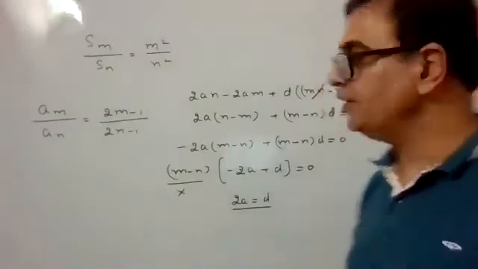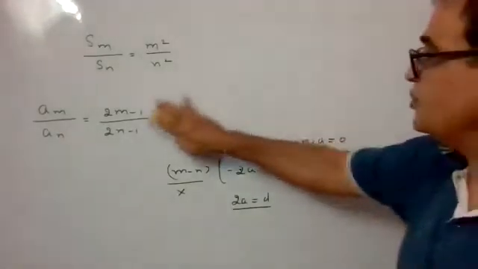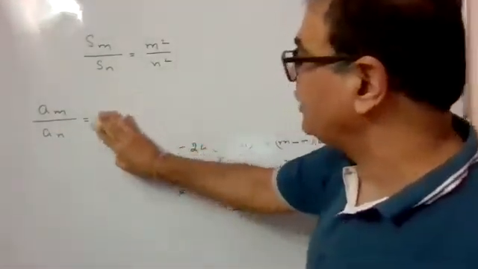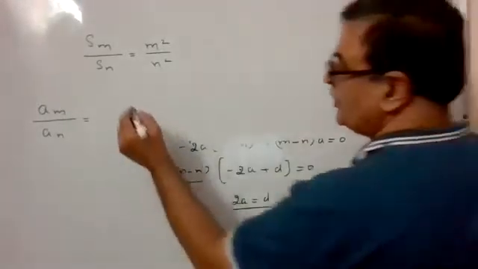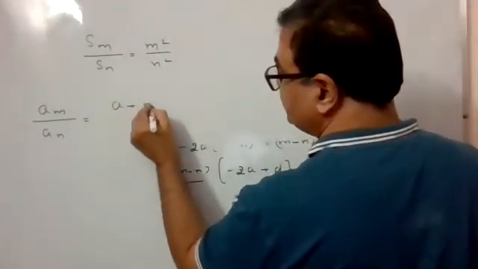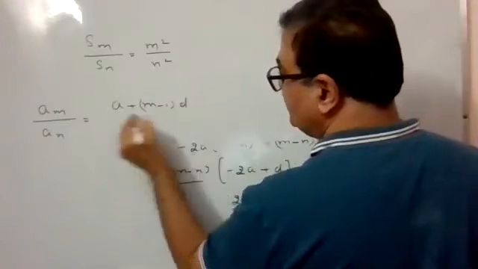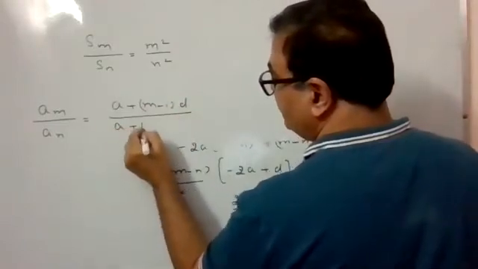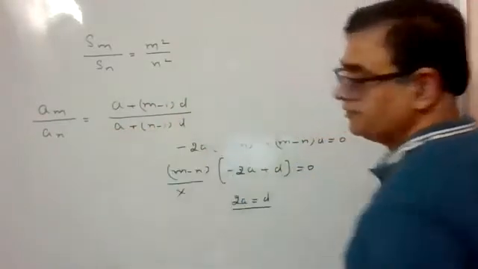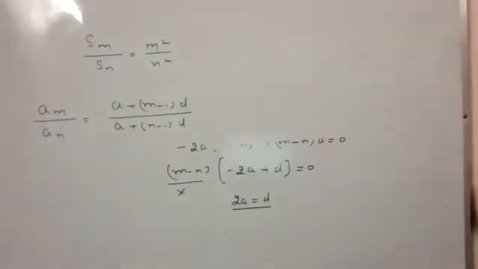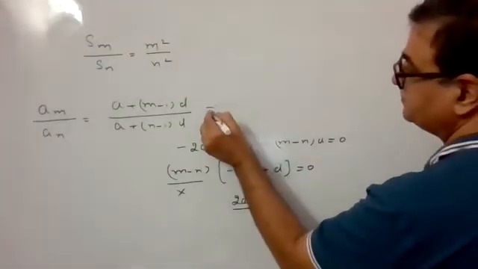As you got 2a is equal to d, now they are asking to find out the ratio of the mth term to the nth term. So I can write this as a plus m minus 1 into d divided by a plus n minus 1 into d. In place of d, I write 2a.